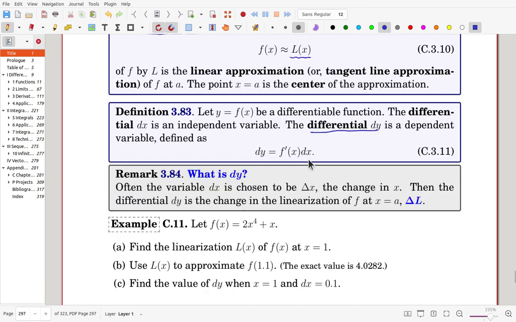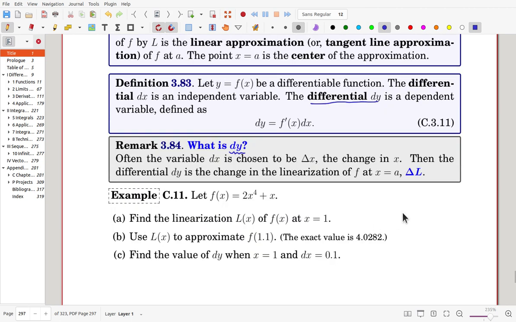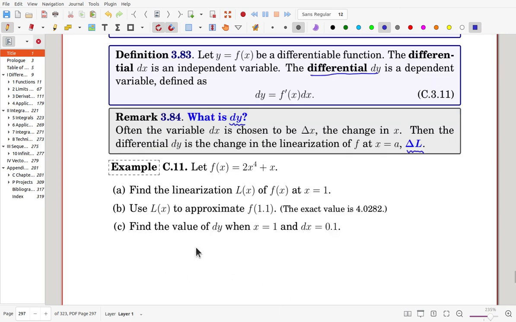Once you define it this way, the question is, what is dy? Because we often choose dx as delta x, a change in x, dy will be the change in the linearization, the change through the tangent line. So basically, that will be delta L. We'll see this from this example.